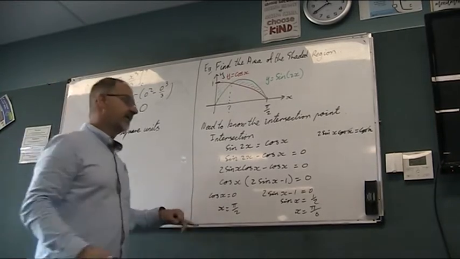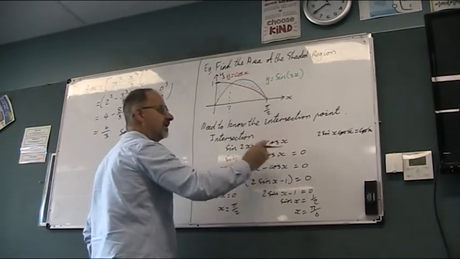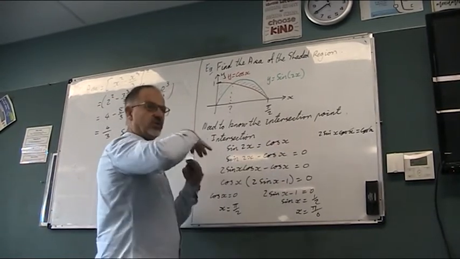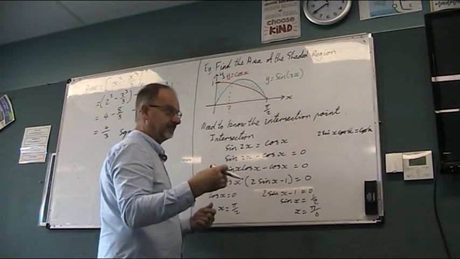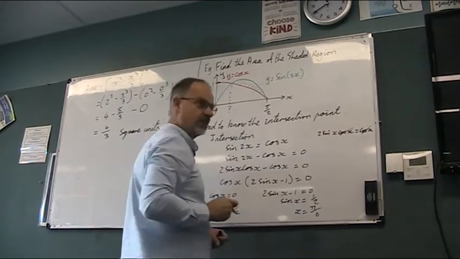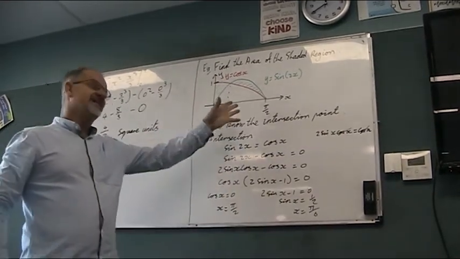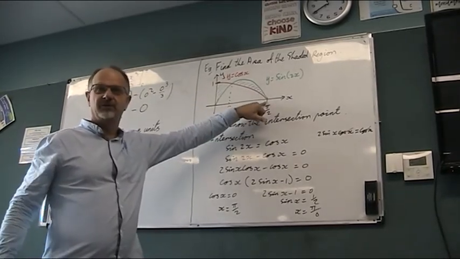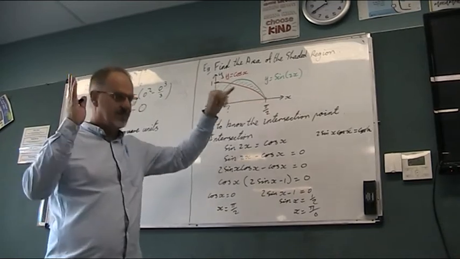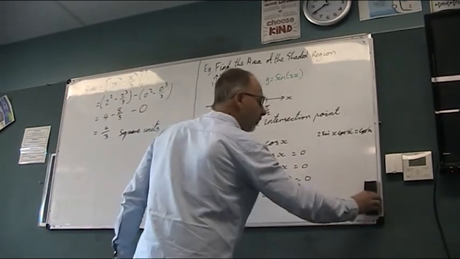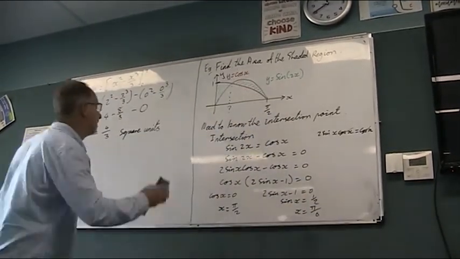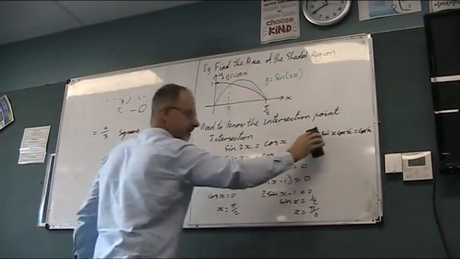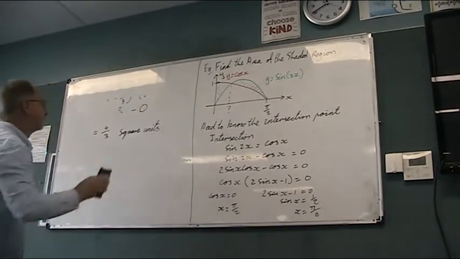So you always need to make it equal to 0 first before you start doing other stuff. Otherwise, one of the solutions would go. Now in this case, we probably knew that pi on 2 was an intersection point anyway, but it's not always going to work out like that. So you need to make sure you do what I've done there.